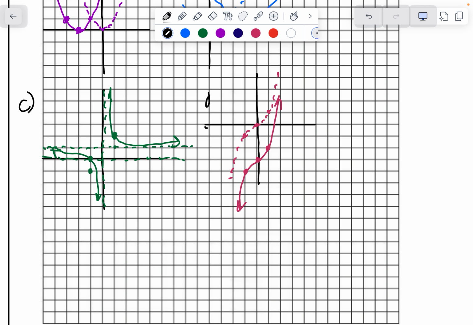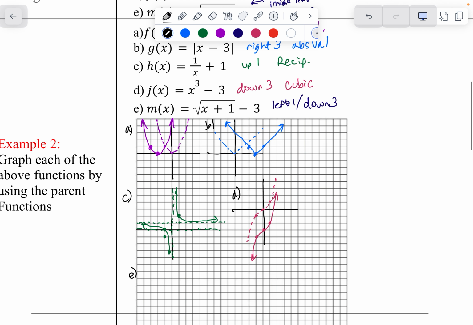What is our parent for E? Square root. The square root. Okay, so we know the square root starts at 0, 0, does a swoop to the right.